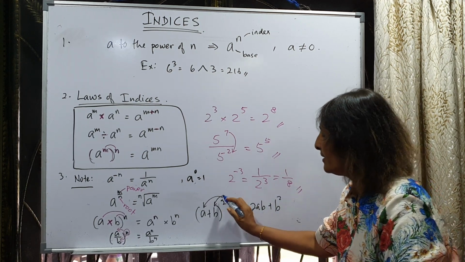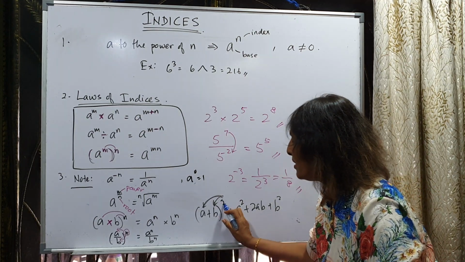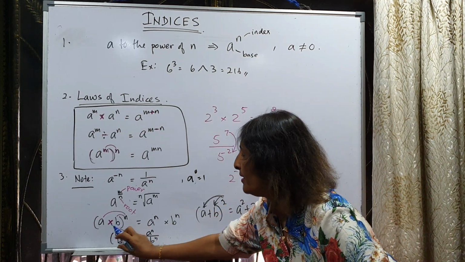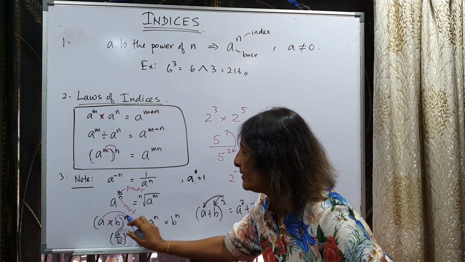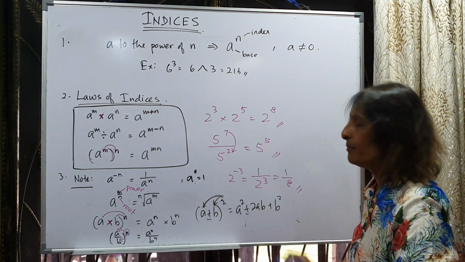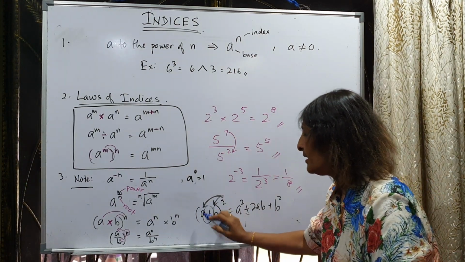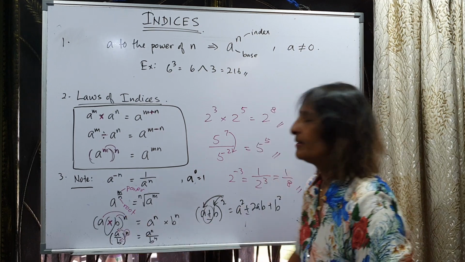You cannot say it's a squared plus b squared. The power goes in straight away only if it's multiplied or divided. If it's plus or minus, you have to expand it using the formula. So remember, this is very, very important. A lot of students make mistakes here.